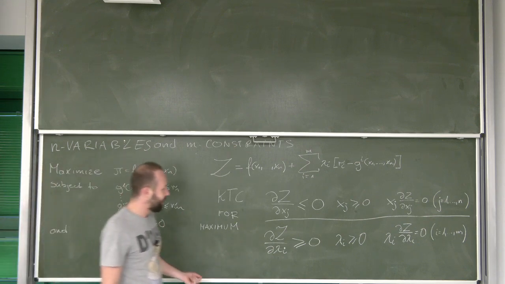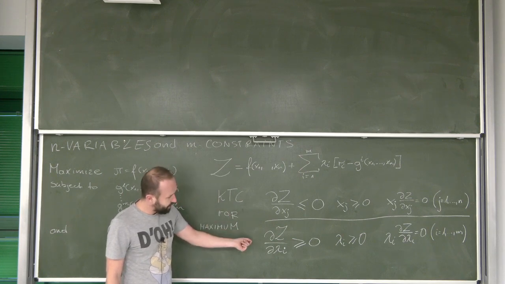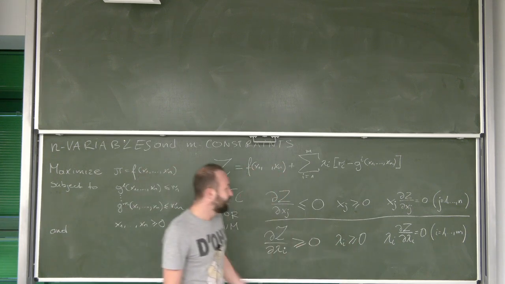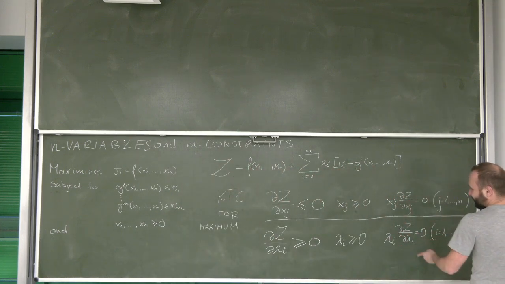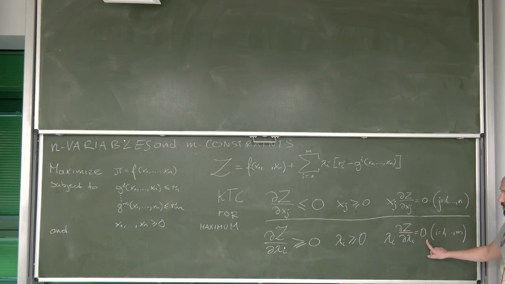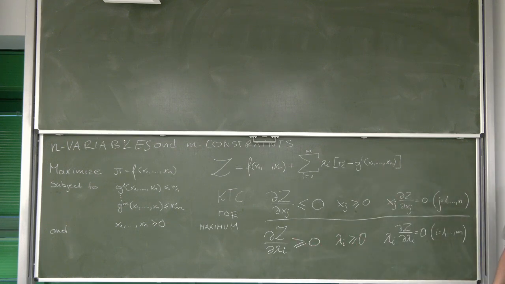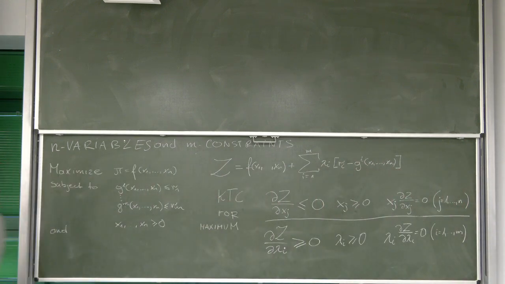We require each of those derivatives to be non-negative, while at the same time requiring Lagrange multipliers to be non-negative, and of course, through complementary slackness, we require the product of the two to be equal to 0, which means that at least one of them needs to be equal to 0. Okay, and look, this is not actually very different from what we already said.